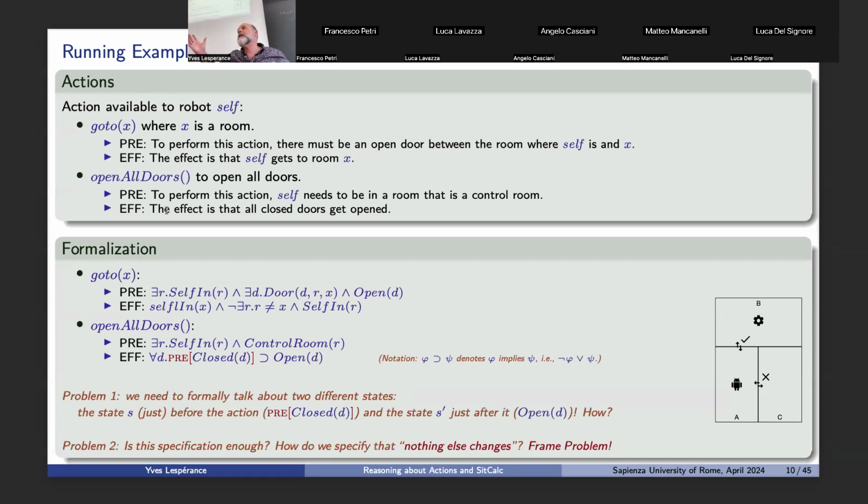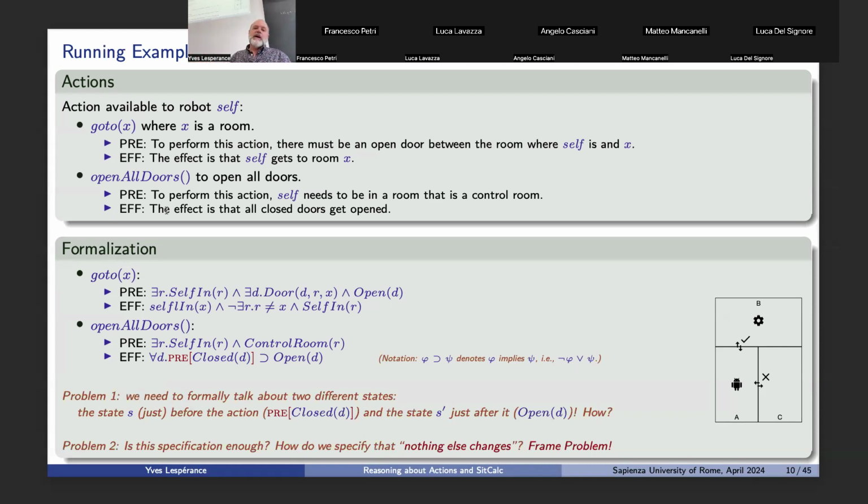So they could change. In logic, it's not like in a database where you have everything. If a tuple is not in a relation, it's false. But in a logical theory, if I don't say anything about whether it's sunny today, then it could be sunny, it could be not sunny. You have to say explicitly.